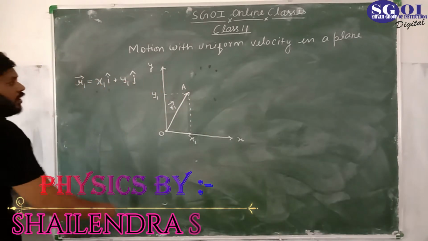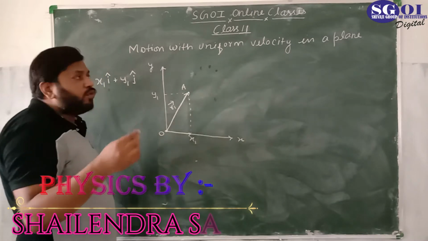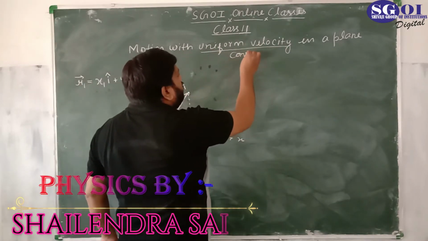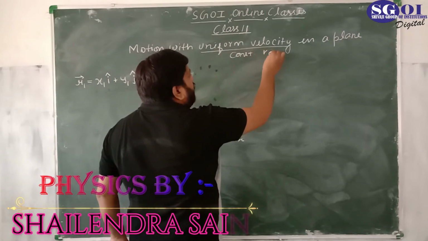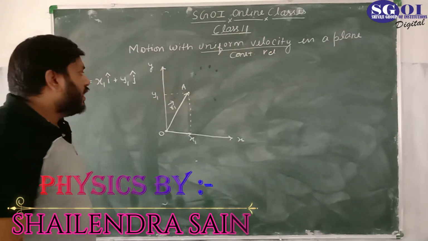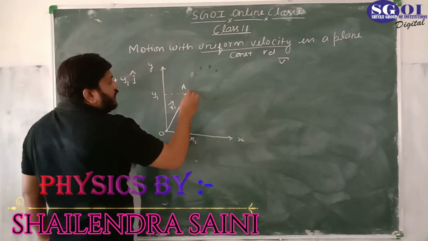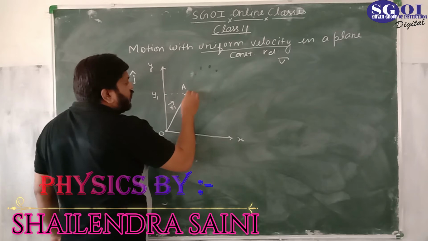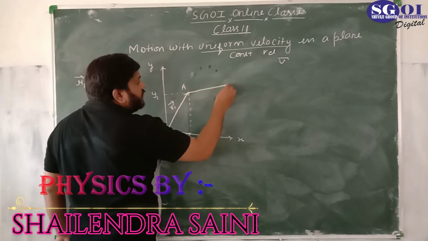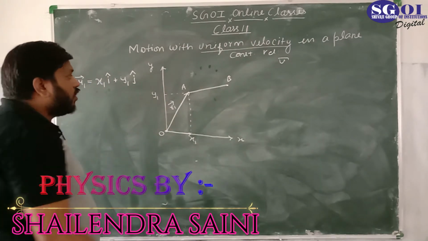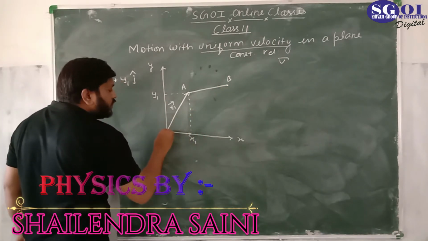Now suppose the object starts moving with uniform velocity, meaning constant velocity. Let's say the velocity is v vector, and it moves from here and reaches a point, let's say B. Now its position changes, so the position vector also changes.